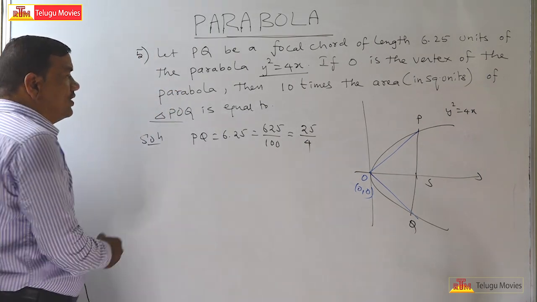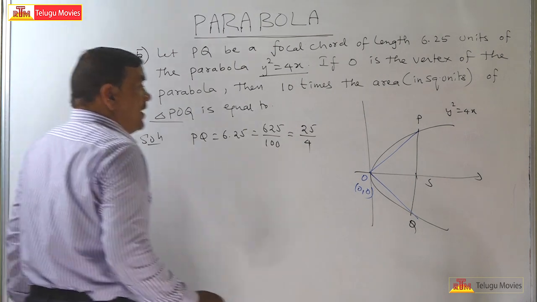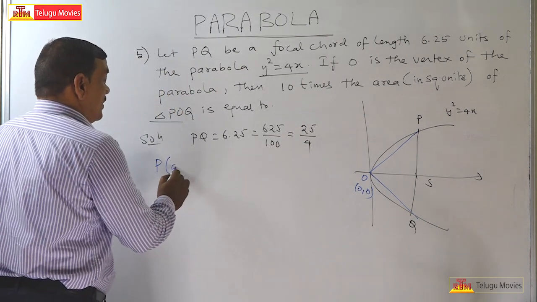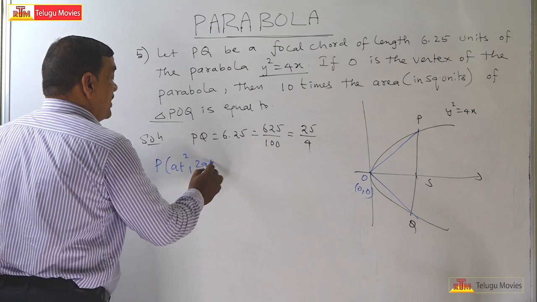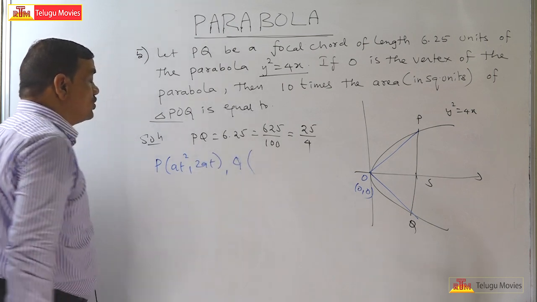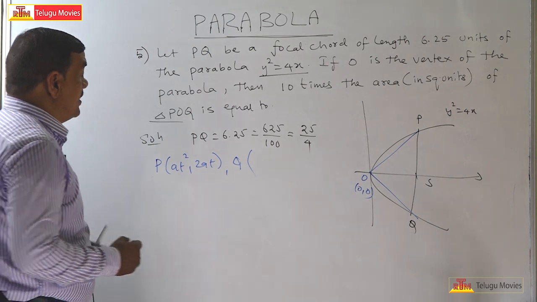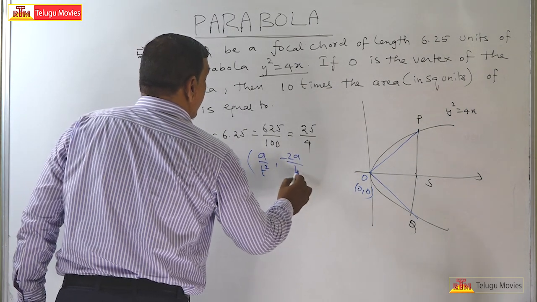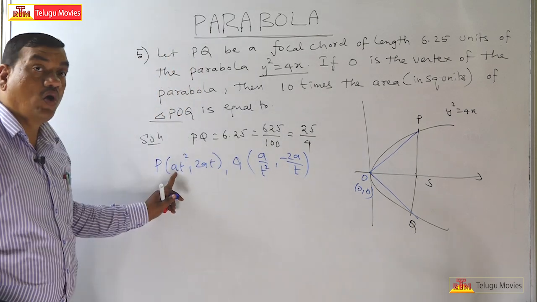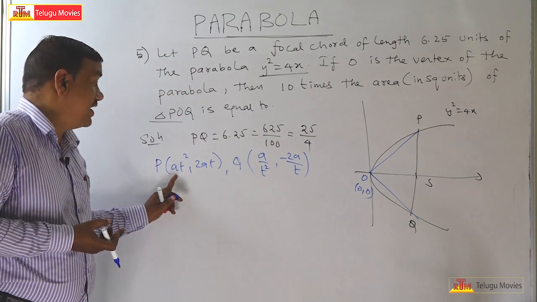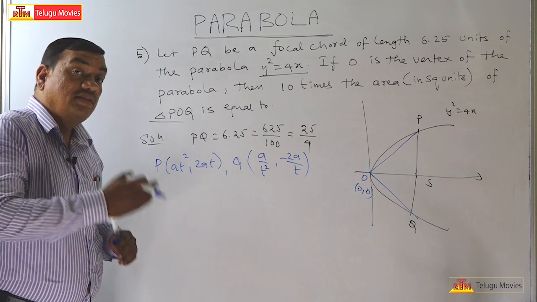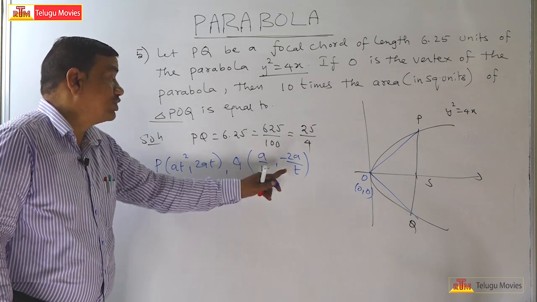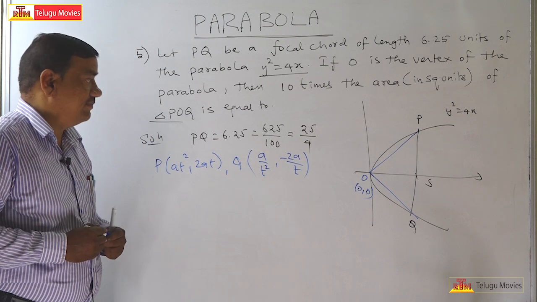We already know that if P is at square comma 2at, then the coordinates of Q are a by t square comma minus 2a by t. If one end of the focal chord is at square comma 2at, the other end is a by t square comma minus 2a by t.